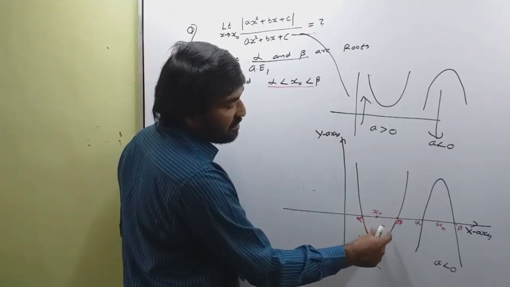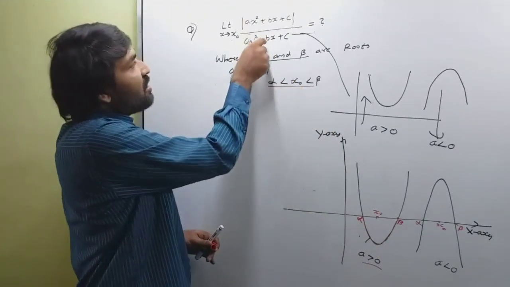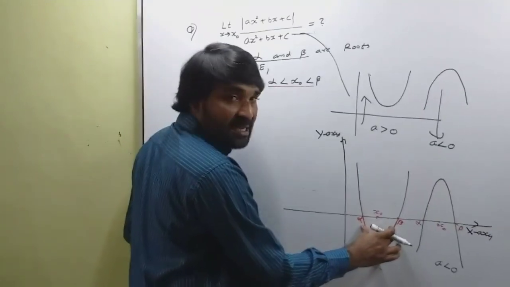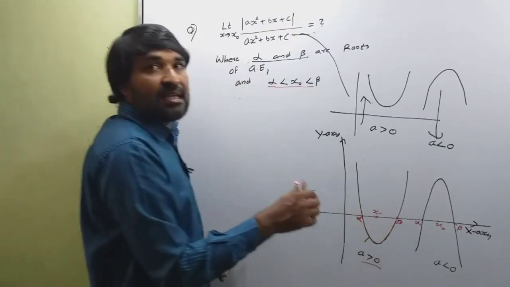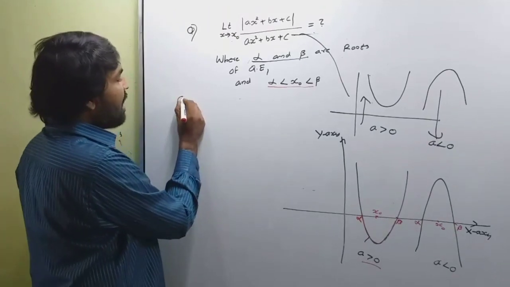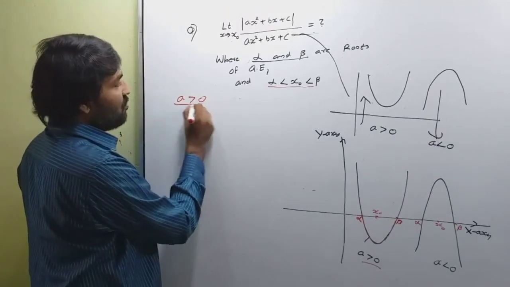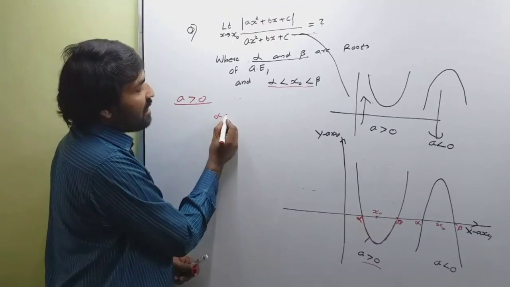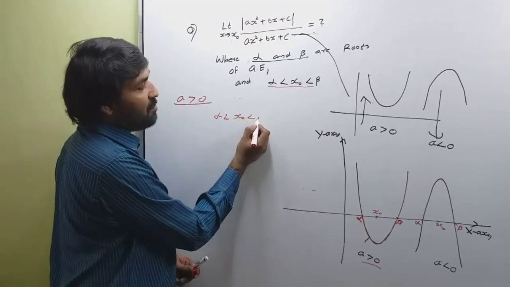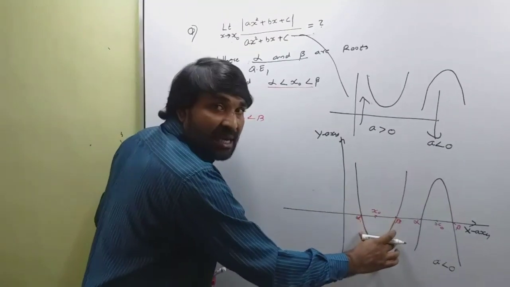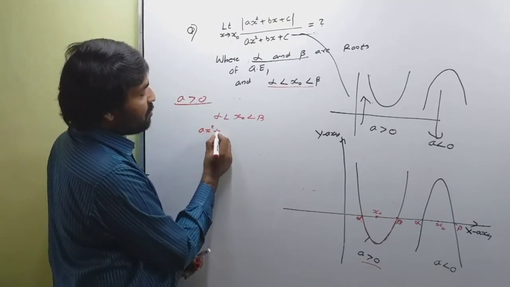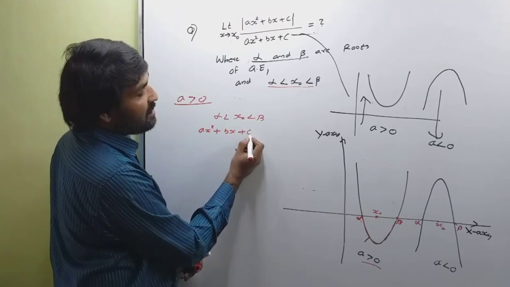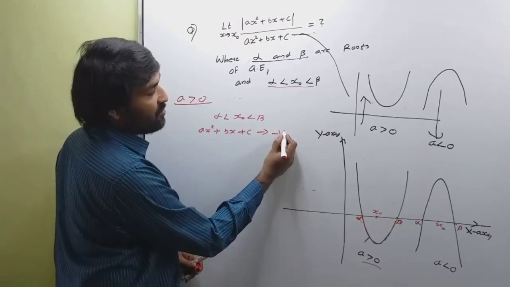That means the expression ax square plus bx plus c is less than 0 for alpha less than x naught less than beta. So for a greater than 0, the graph is negative, that means ax square plus bx plus c is negative.